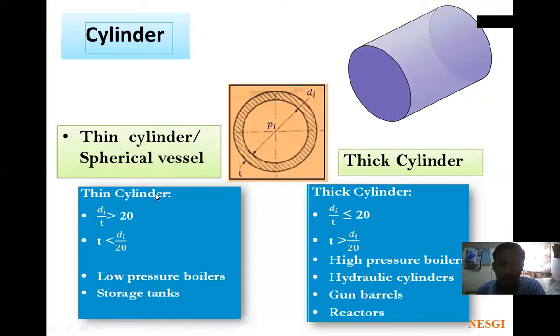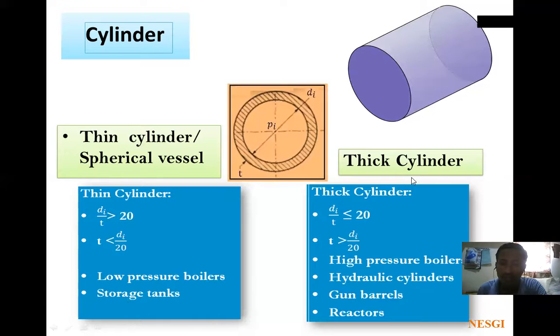We can say a cylinder is thin if di by t is greater than 20, or t is less than di by 20. This type of cylinder is used in low pressure boilers and as storage tanks. Wherever the pressure is low, thin cylinders are used.